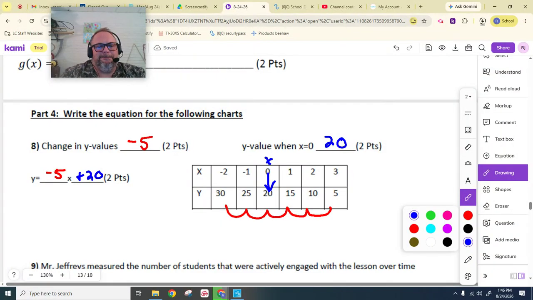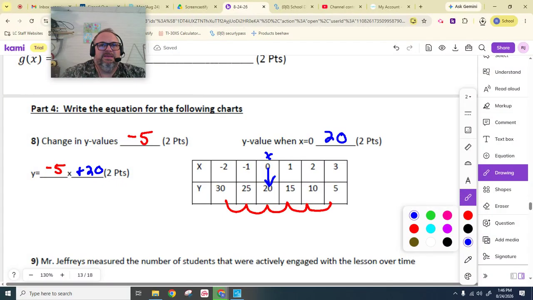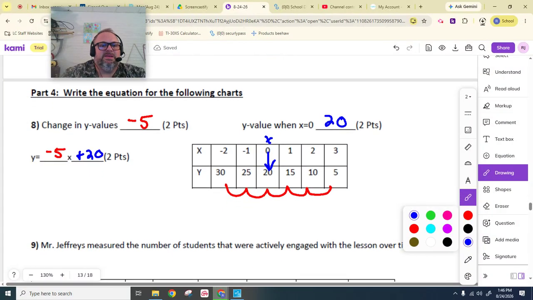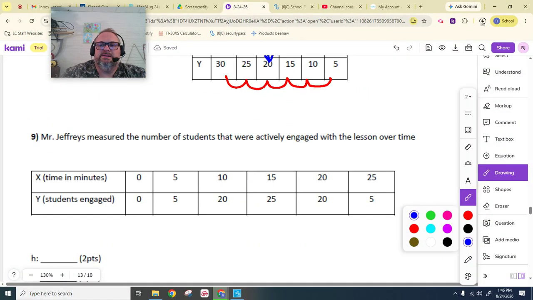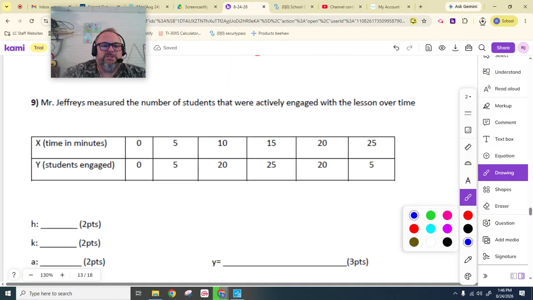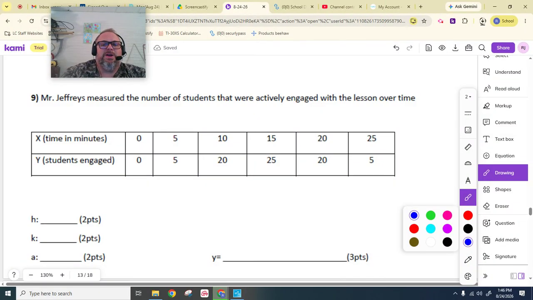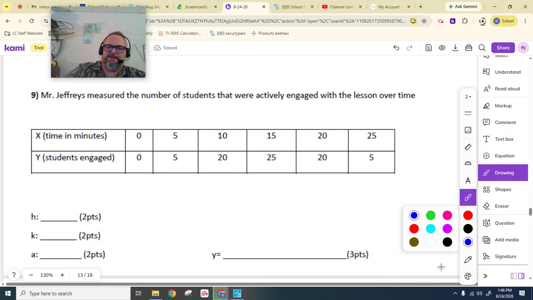All right, are we good? Number 8. All right, number 9. Mr. Jeffries measured the number of students that were actively engaged in a lesson over time.